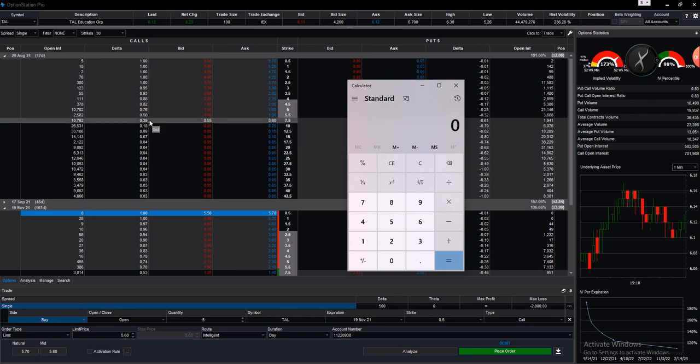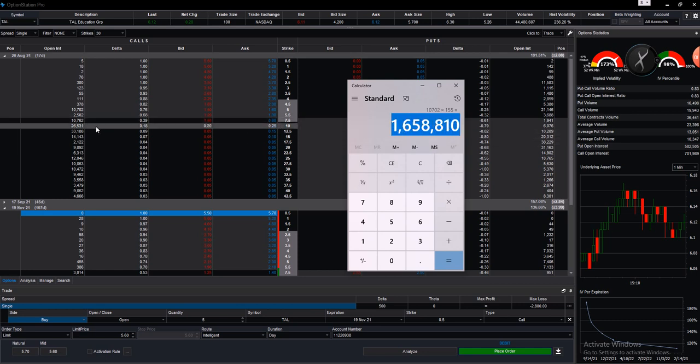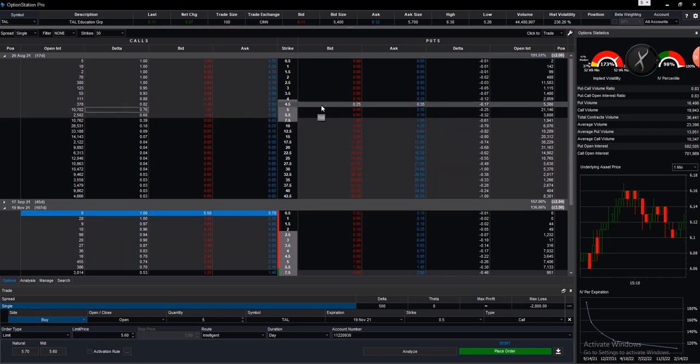Let's do another example for this 10,700. 10,702 volume times $1.55 or 155. $1.6 million is invested currently right now at the $5 strike price.